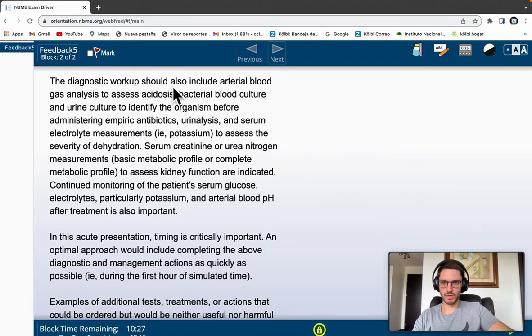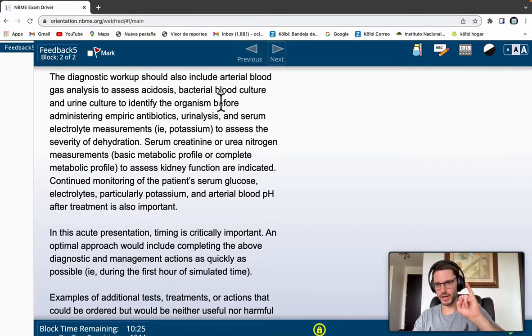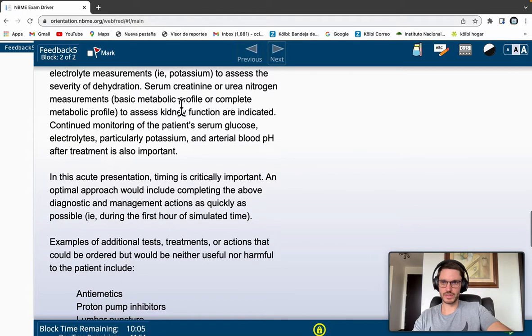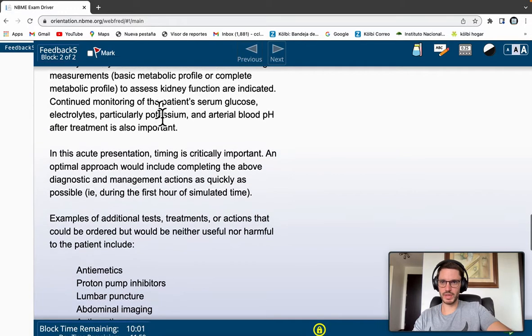The diagnostic workup should also include arterial blood gases. We did ask for it. We asked for the bacterial blood culture. Asked for urine culture. We gave antibiotics. We did the urinalysis. We did the serum electrolytes to assess severity of dehydration. We asked for the BMP.